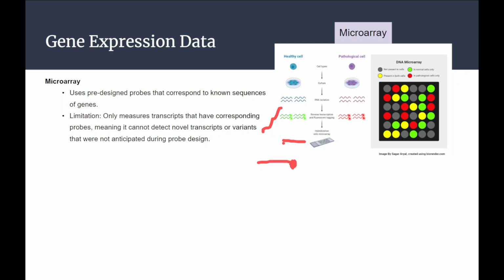So this is a particular cell where we have to add a couple of things. One thing is a probe that will be specific for gene A. We design the probe so that it binds complementary to this particular transcript for gene A.